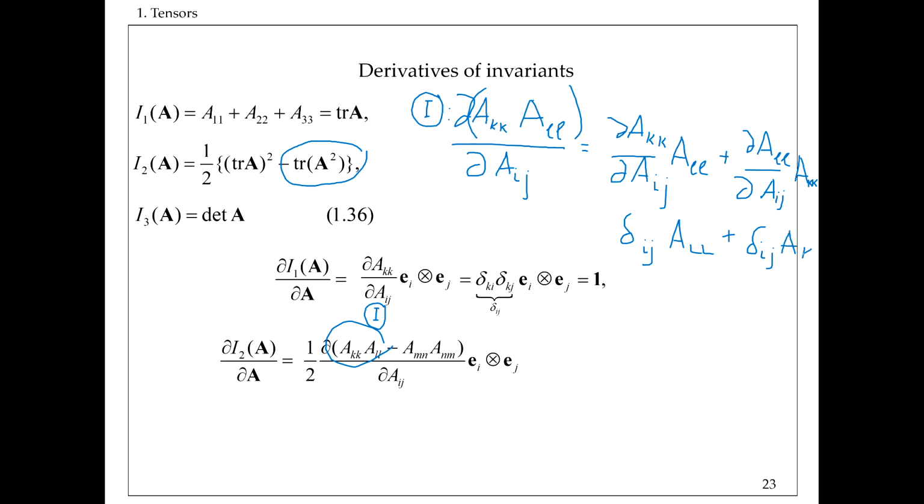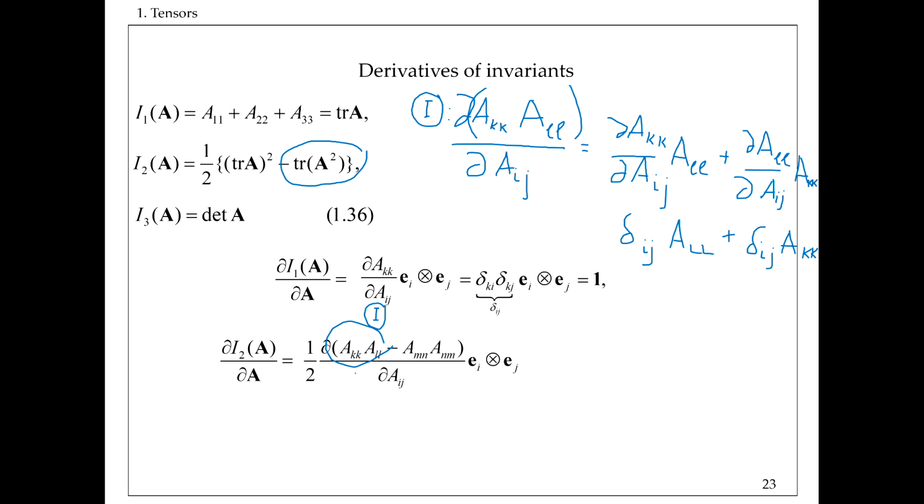And so with that, with this factor half, we actually have factor 2 here. So we can write that the first term produces nothing but the identity tensor, delta ij, multiplied by all or akk. But this is nothing but the first invariant.